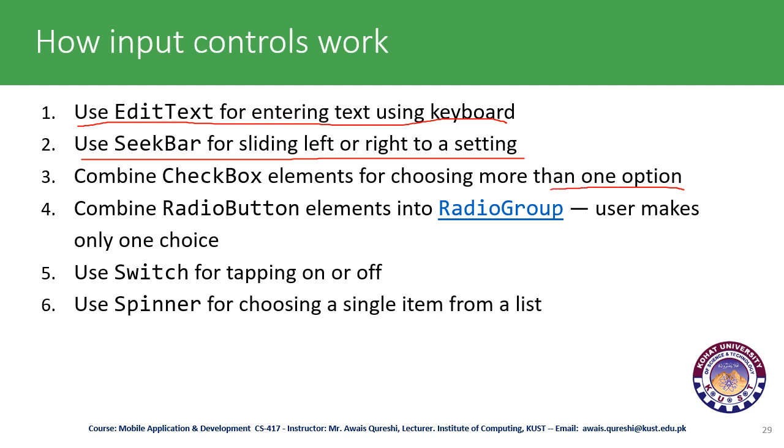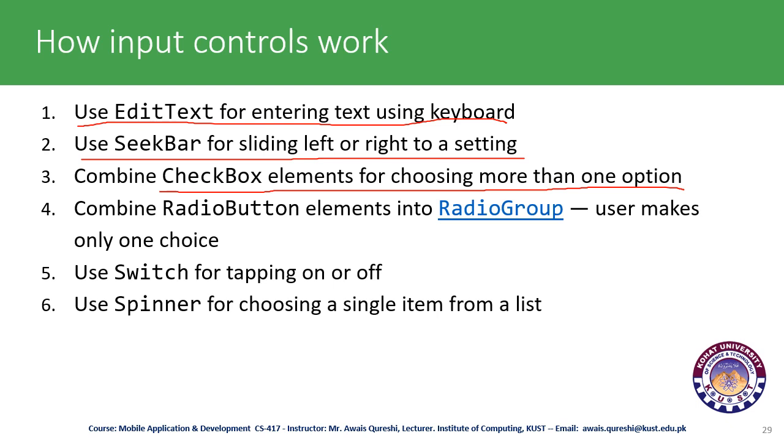Suppose you are designing a paper having multiple choice questions, multiple options are available for a particular question, and you can allow users to select more than one answer. In that case you can use the checkbox control.